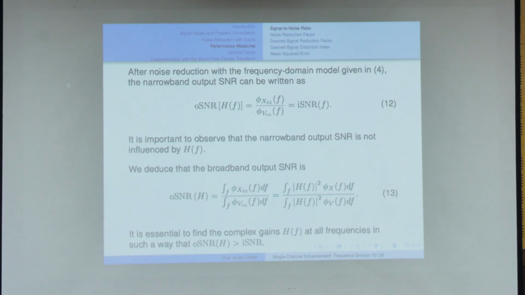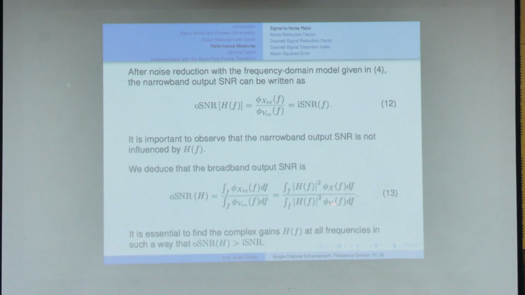So we can ask ourselves, if we want to maximize the output SNR, we need to choose a vector H. Vector H, it's a vector because it's for all frequencies. Okay, so it's a vector from frequency 1, 2, and so on, or if you start with frequency 0. So it's a vector that contains all the gains for all the frequencies. So we need to find a vector, and we can normalize it generally.